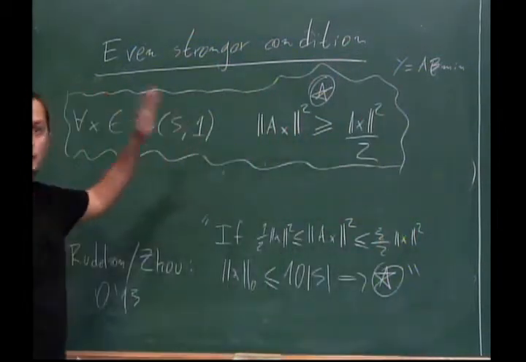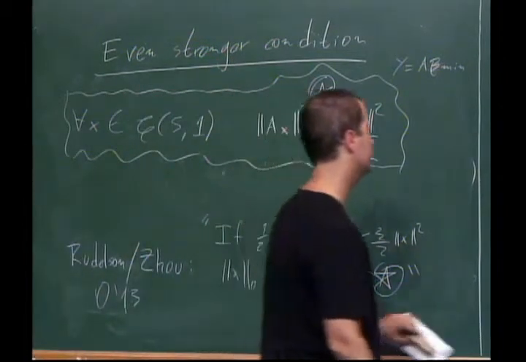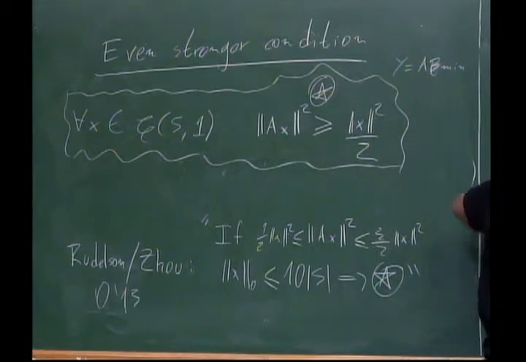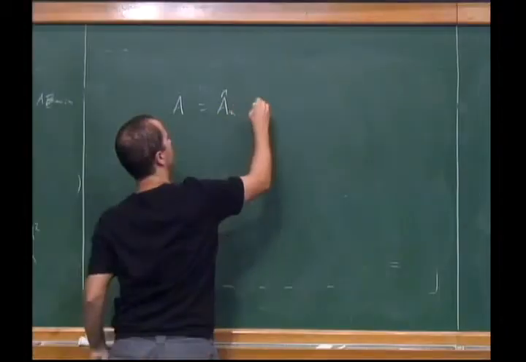In the end, we'll be able to prove a statement like this. Let me just say what it is. In our case, we're going to choose A, which is a random matrix.